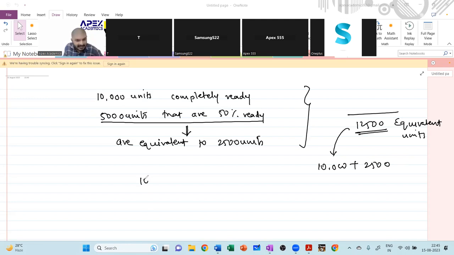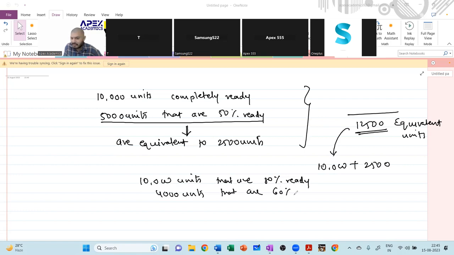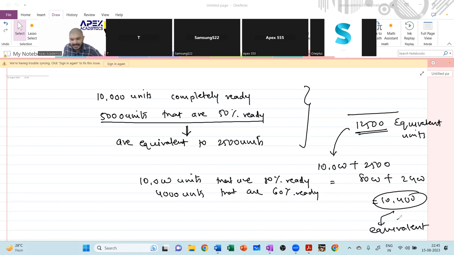So when I say that I have 10,000 units that are 80% ready, I have 4,000 units that are 60% ready, I have 8,000 plus 2,400, which is equal to 10,400 equivalent units. Equivalent means approximately equal to, something that comes close to, but which is not equal exactly.